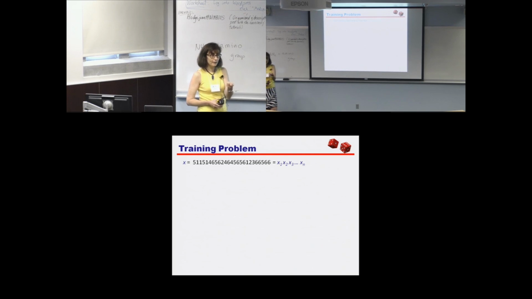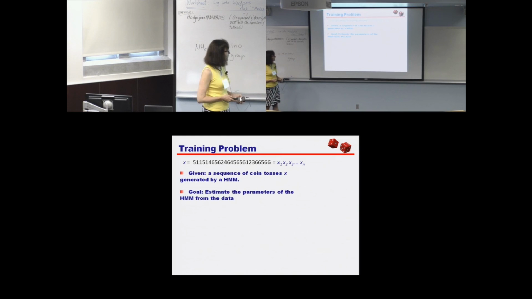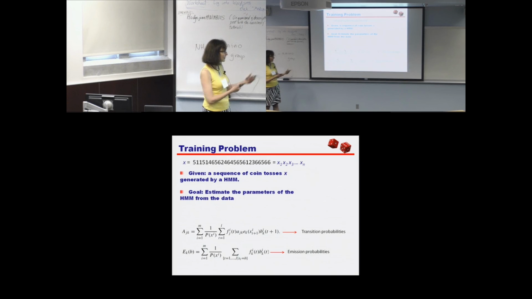You get annotated sequence, and you say, assuming this sequence was generated using this kind of hopping that Diane is doing, and using the dice in this fashion, how do I estimate the parameters? You can estimate both the transition probabilities and the emission probabilities, so you are estimating all the parameters of the model from data.